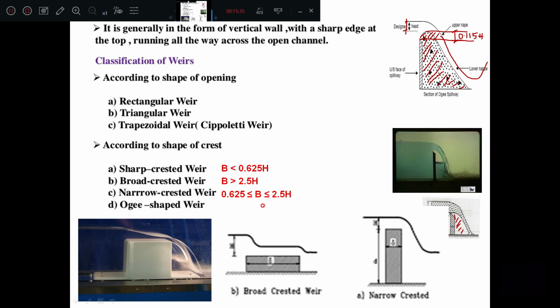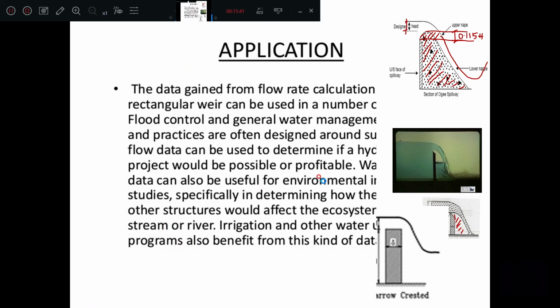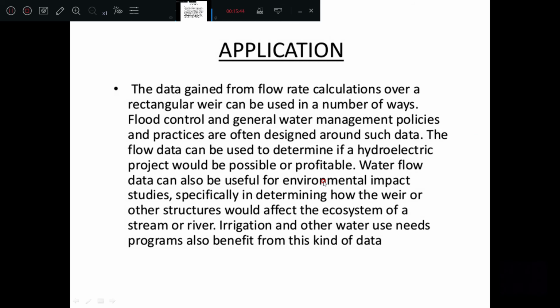So let us move to the next part. If you look at the application of weirs, where the weirs can be used and what their functions are: the data gained from the flow rate calculations over a rectangular weir, for example from testing weirs in laboratories, can be used in a number of ways.